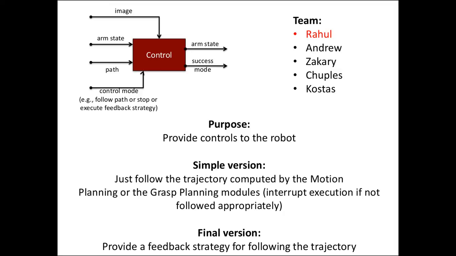Those planning models will send trajectories, which are sequences of pairs of a position of the joints of the robot and a time, that is, I want the robot to move from the current position to the position that is specified. So it's a very simple model. But in the final version, this model will perhaps provide a low level of feedback so that the planning models will know how good the current trajectory is.